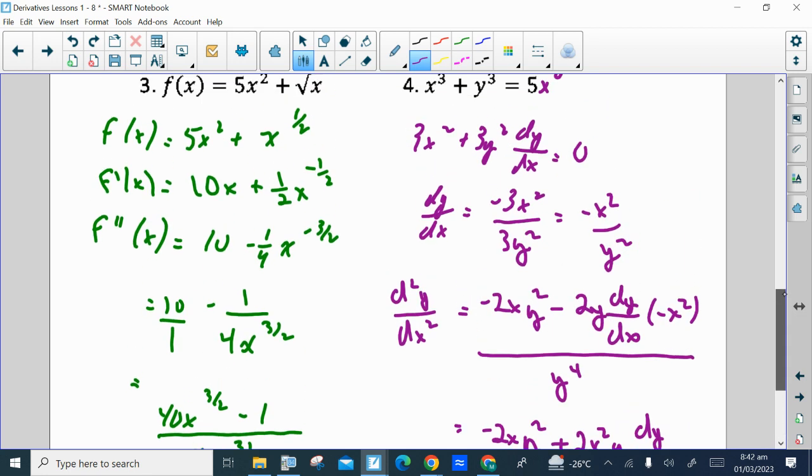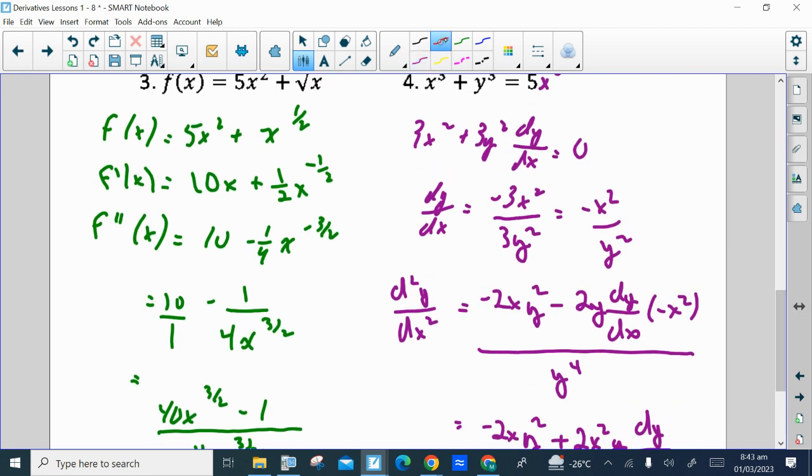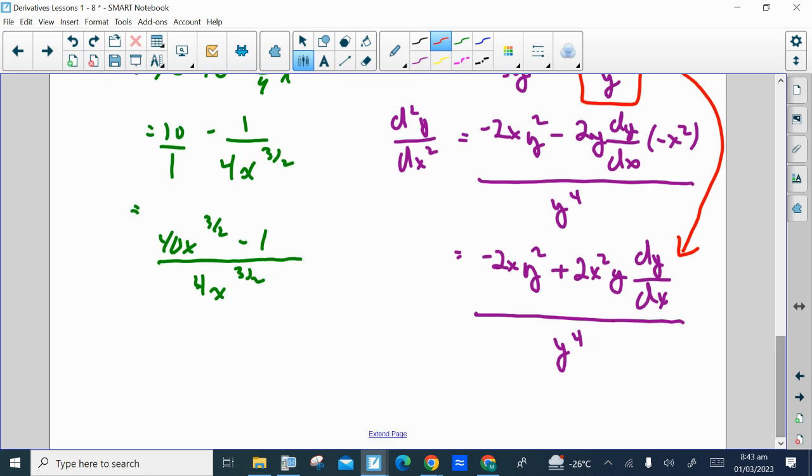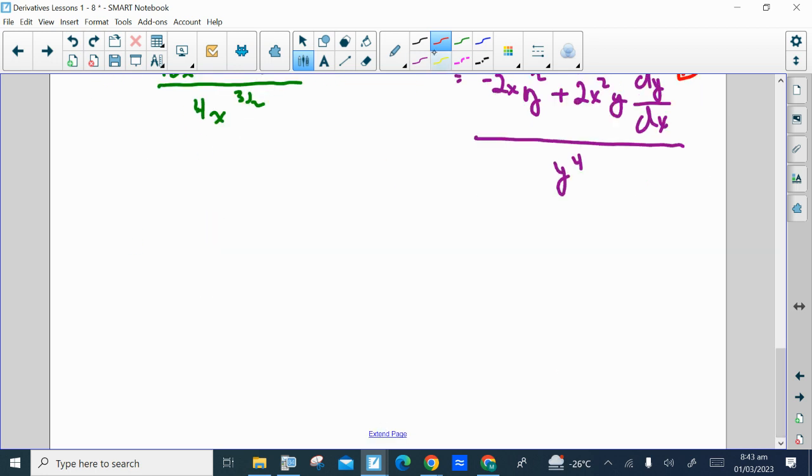However, up top, we do have an expression for dy by dx. dy by dx, we found, is equal to negative x squared over y squared. So we can take that expression and substitute it down there. So we'll make that substitution.